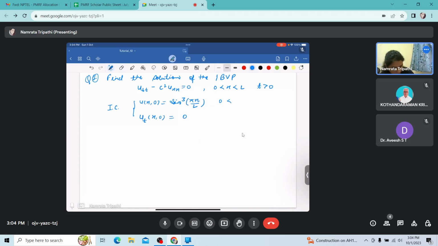These are for x from 0 to L, and the boundary conditions. Okay, so this is the question.